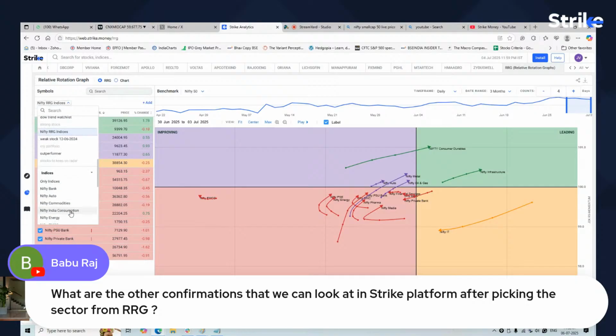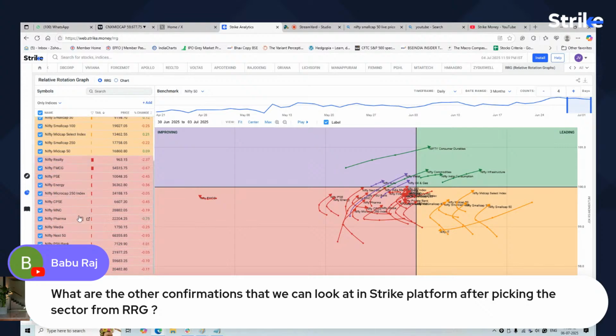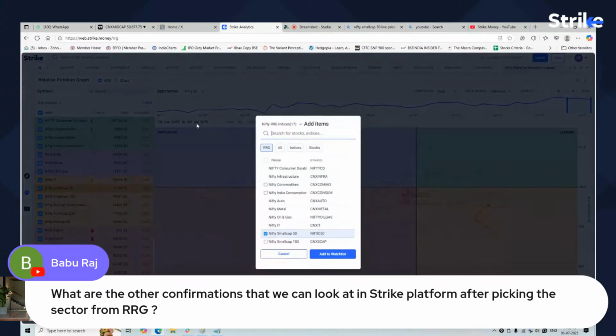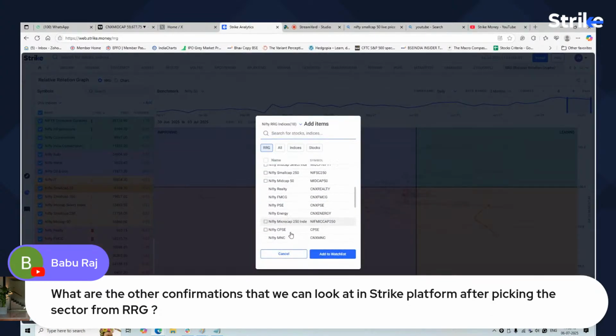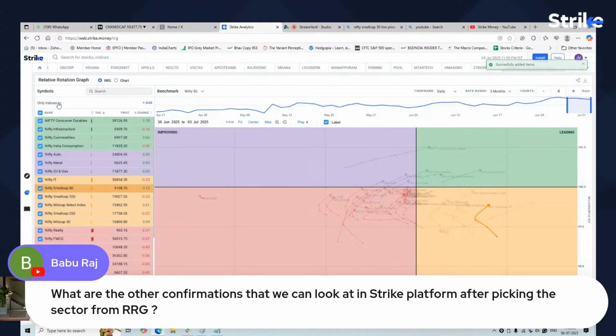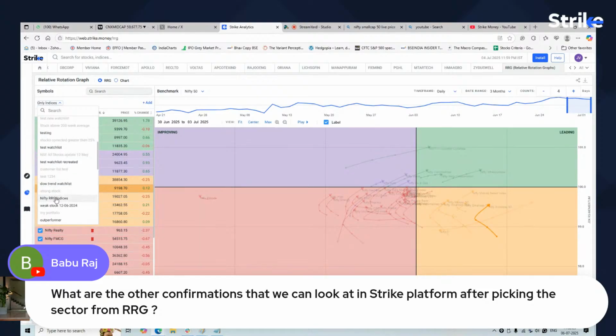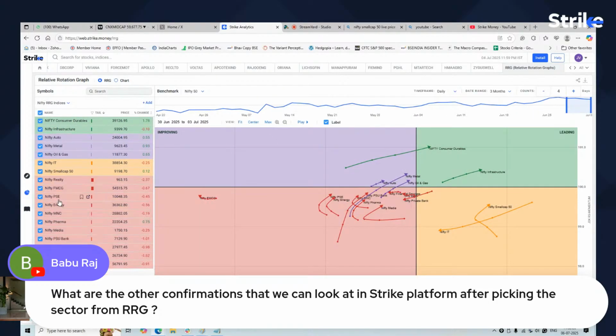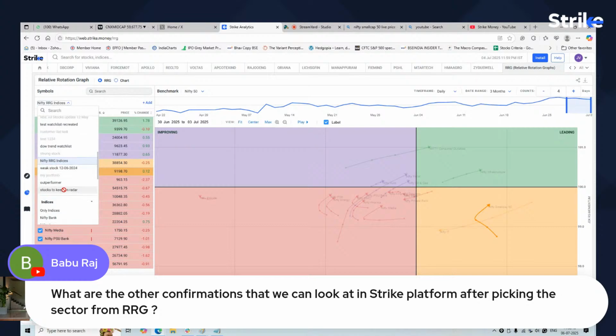I hope I added it in the right one. Nifty 50, Nifty RRG indices. Okay, you can see that it has got added over here, Nifty 50. I actually made only sector indices, right? So this is how you can add those indices.